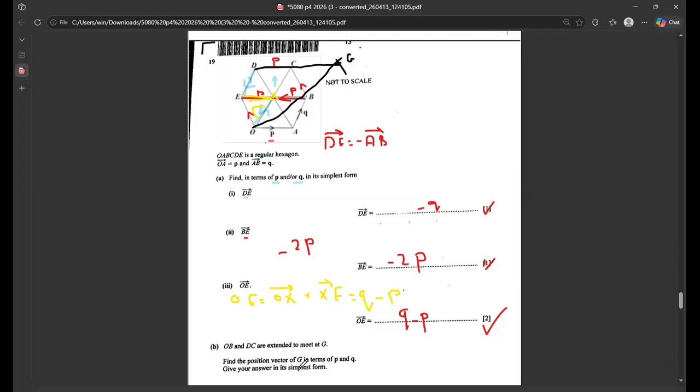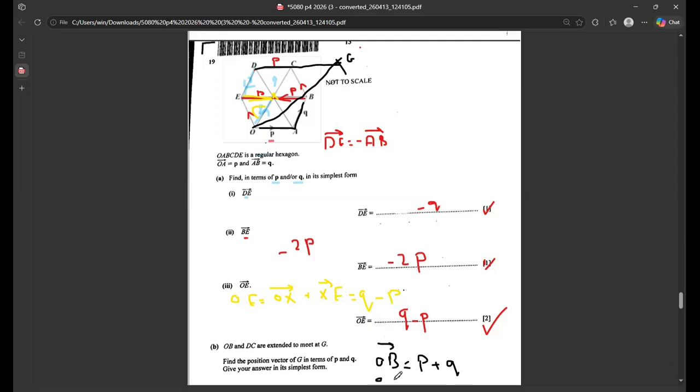Find in terms of P and Q. Okay, the OB vector will be equal to OA plus AB. OB will be P plus Q. And the OG here is double.